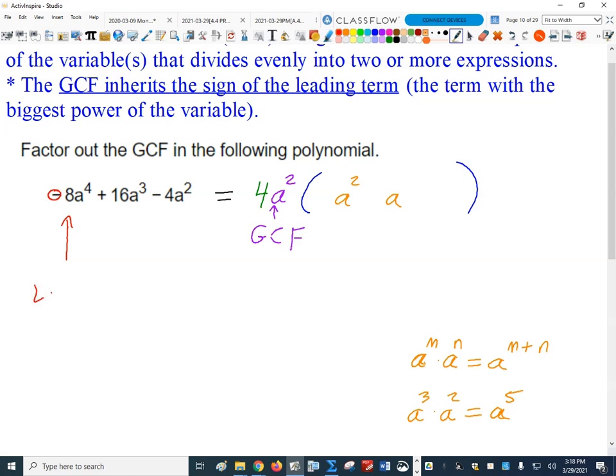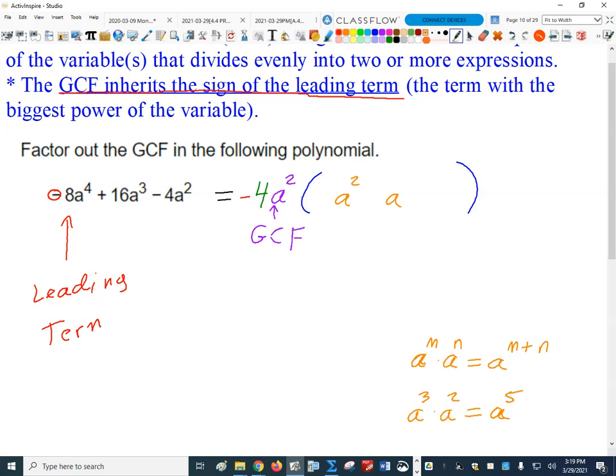We call that the leading term, because it has the biggest power of the variable. The rule is the greatest common factor always inherits the sign of the leading term. So because the leading term is negative, we're going to undistribute a negative 4a squared.